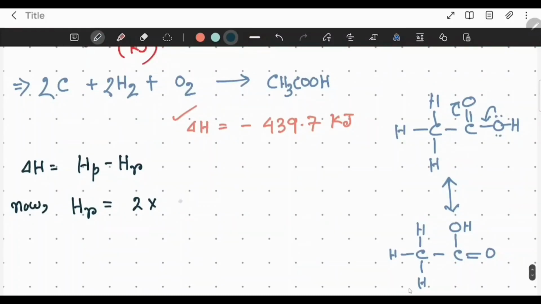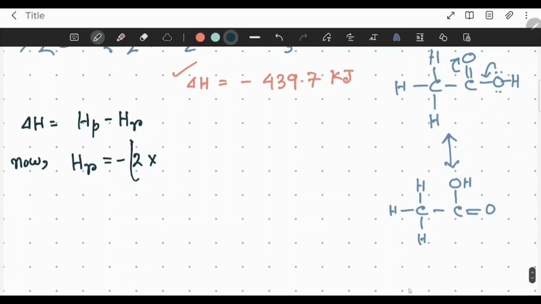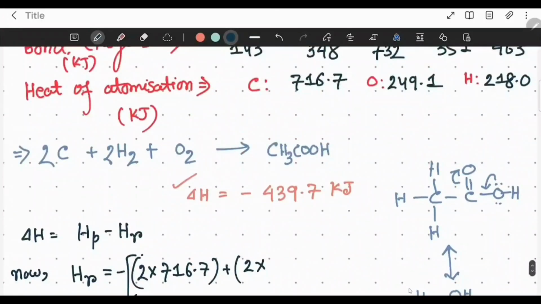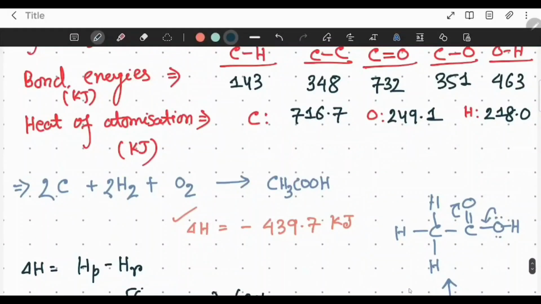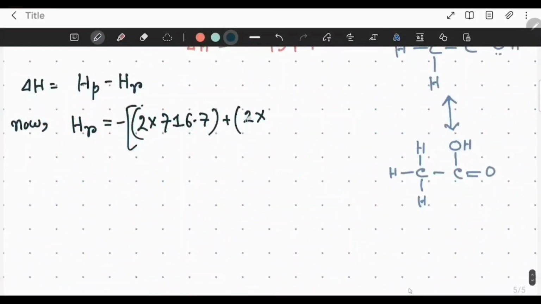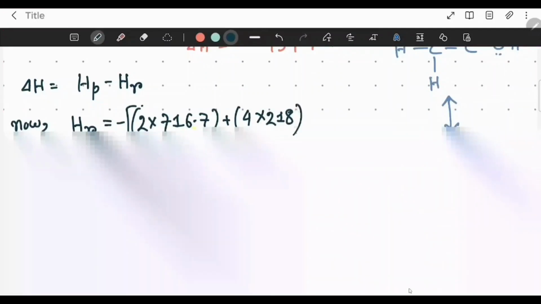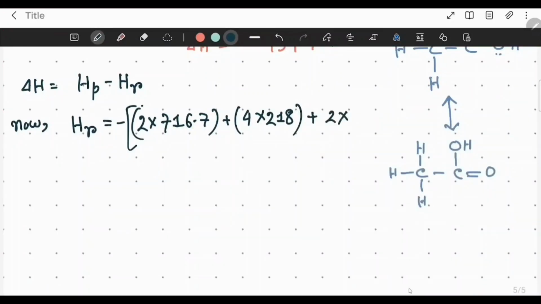There will be a minus sign, so in general we can keep minus, plus again 2 into for H2. There are 4 H, so it will be 4 into 218 and 2 into 249.